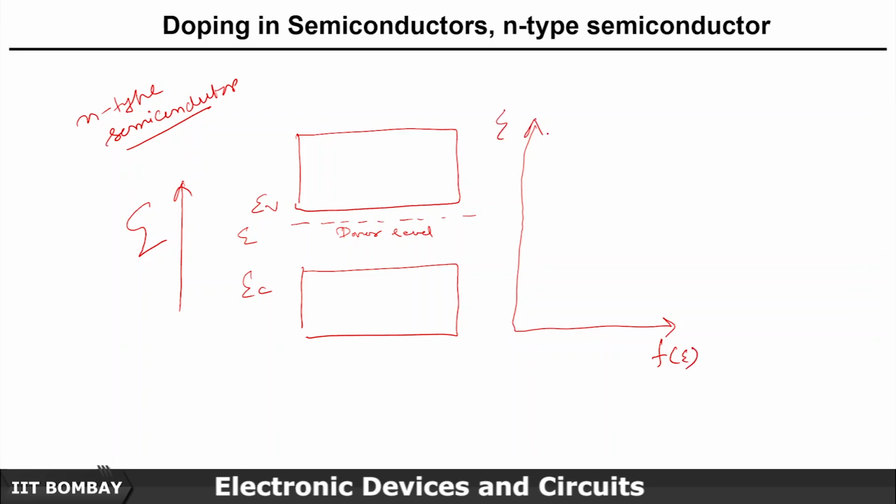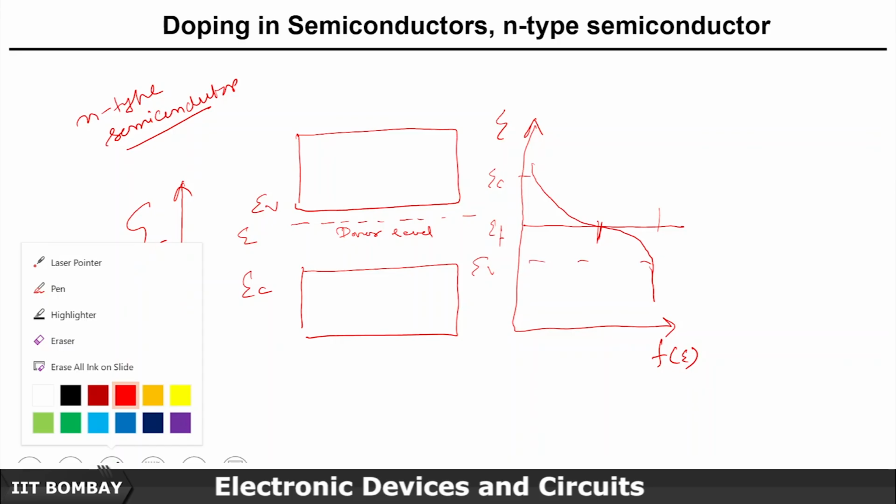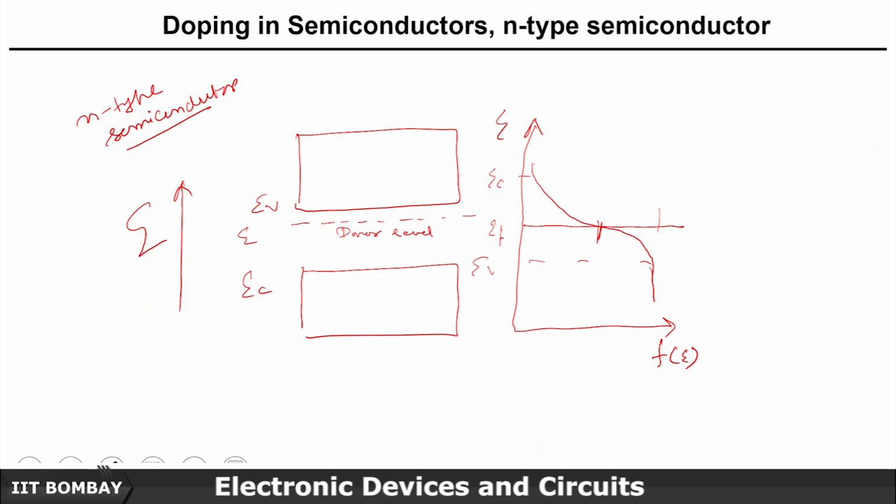If you remember, in the case of an intrinsic semiconductor, it used to be a symmetrical curve. In the last lecture we discussed a very symmetrical curve. Just ignore my bad handwriting. It used to pass through somewhere in the middle, EV, EF. But that is not the case here, because the Fermi energy level is no longer somewhere in the middle.